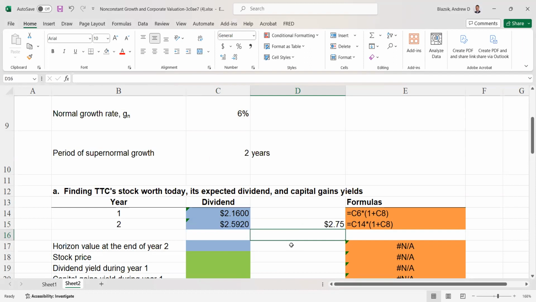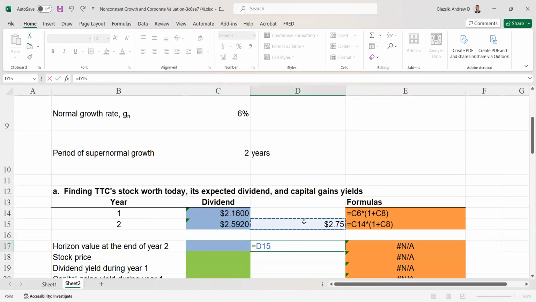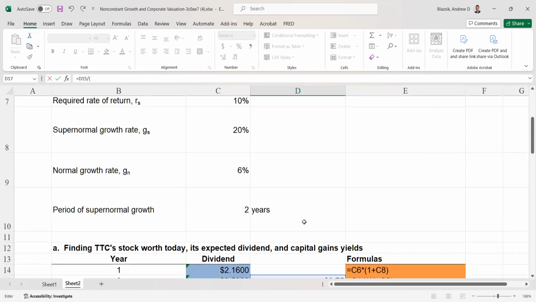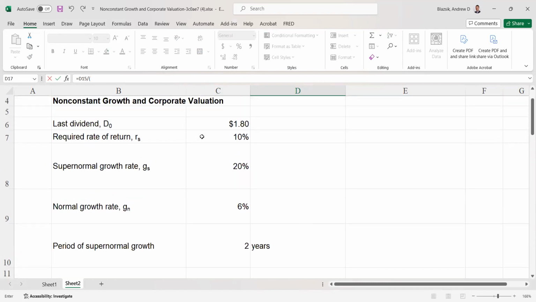So what is the stock worth if you bought it in year 2? If I bought it in year 2, the price of the stock would be the dividend in year 3. So remember, the price is always the next dividend divided by the required rate of return, 10%, minus the growth rate.